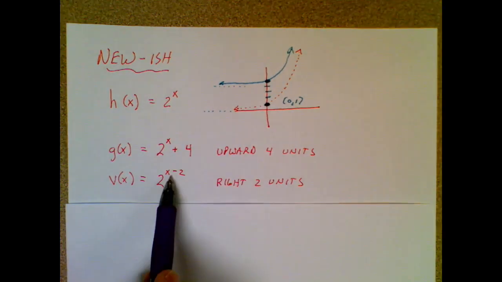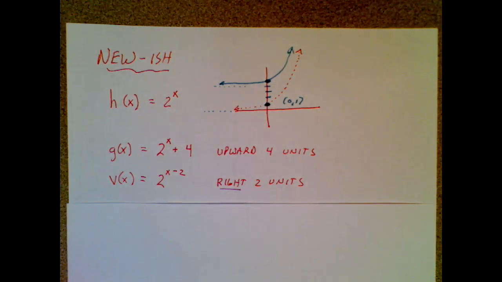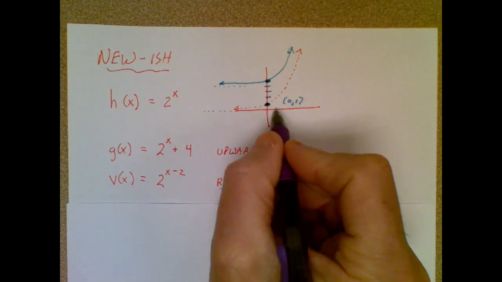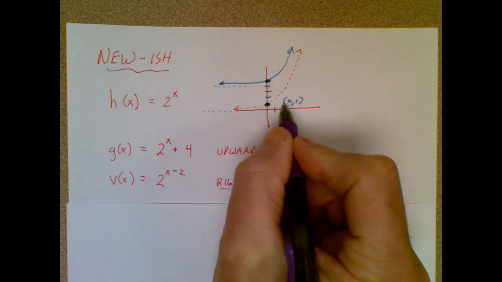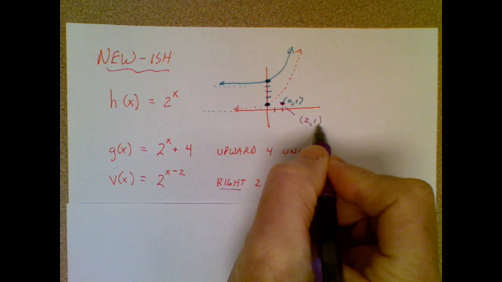In the second example, now we have something attached to the x, so remember that's less intuitive. This will move things left and right, and it goes against your intuition. If it's an x minus 2, we're actually going to move it to the right 2 units. So in a case like this, I would take that intercept, which was at 0, 1, and move it here, which is 2, 1.